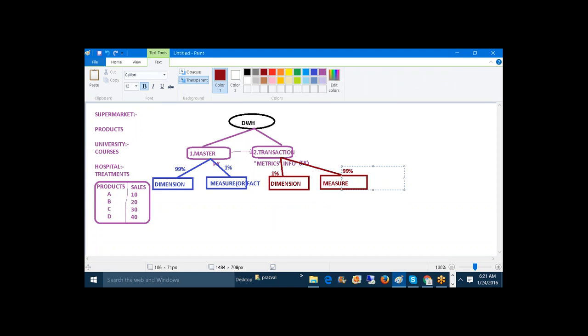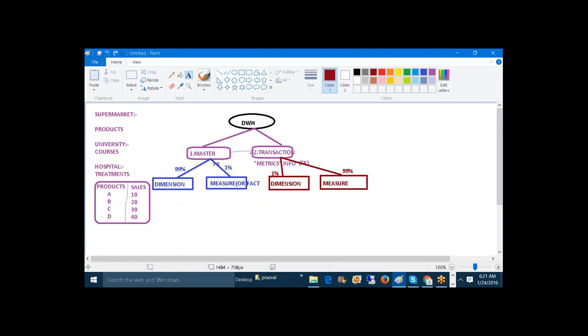So in other words, transaction is nothing but a measure. Master is nothing but a dimension, and transaction is nothing but a measure.